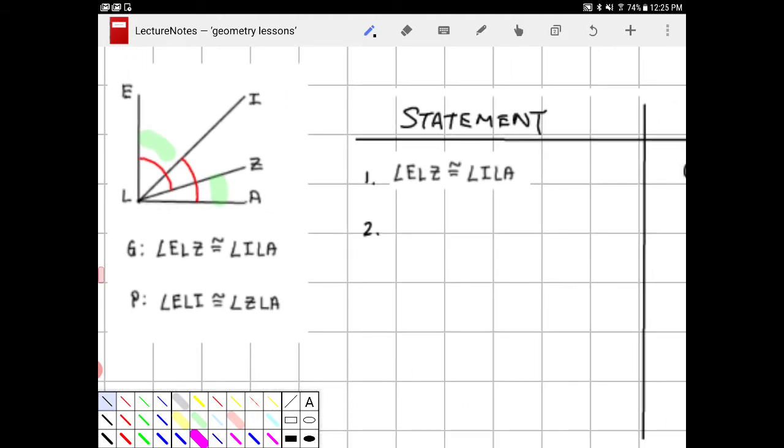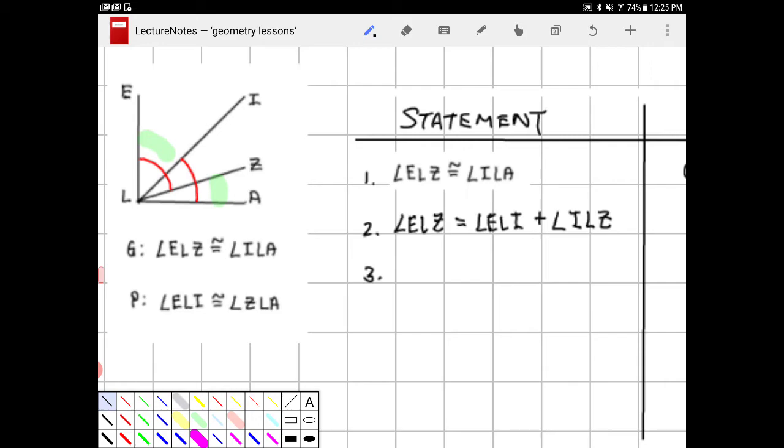Well, again, using the same strategy as before. This time, I'm given information about ELZ. That angle there is made up of 2 other angles, isn't it? It's made up of angle ELI and angle ILZ.